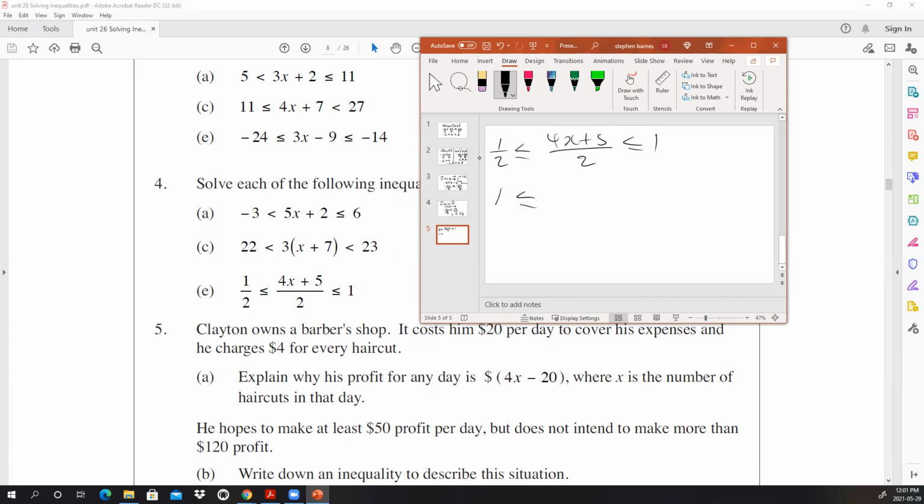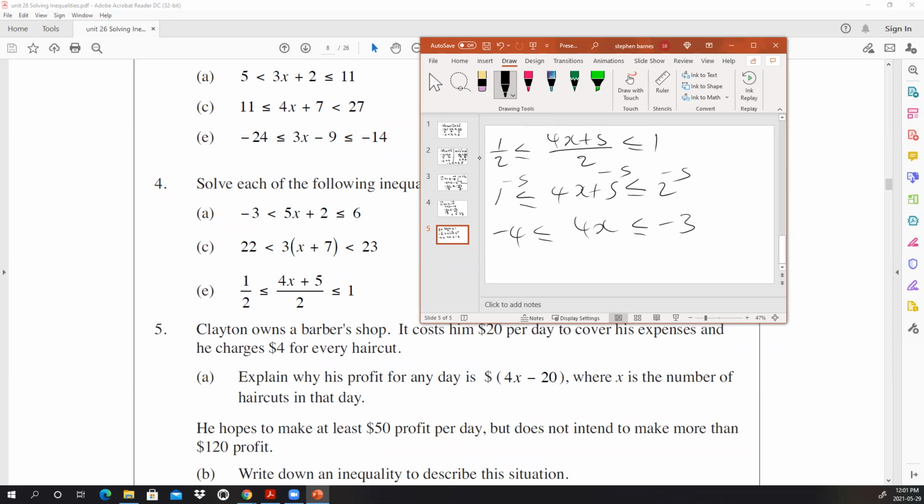If you multiply this side by 2, you get 1. If you multiply the middle by 2, the 2 cancels in the denominator, and you just get the numerator 4x plus 5. And if you multiply this side by 2, you get 2. And here you just have a regular situation. Subtract 5 throughout, you get a minus 4 here, you get 4x, and you get a minus 3 here.